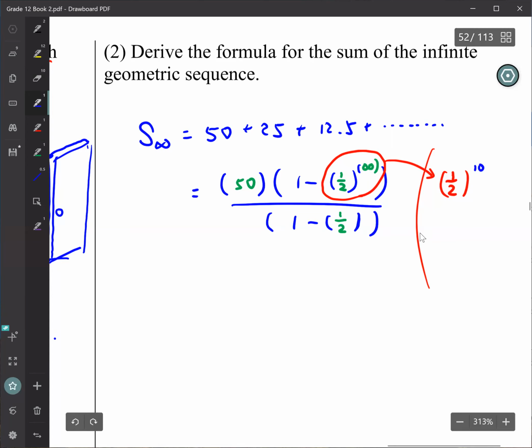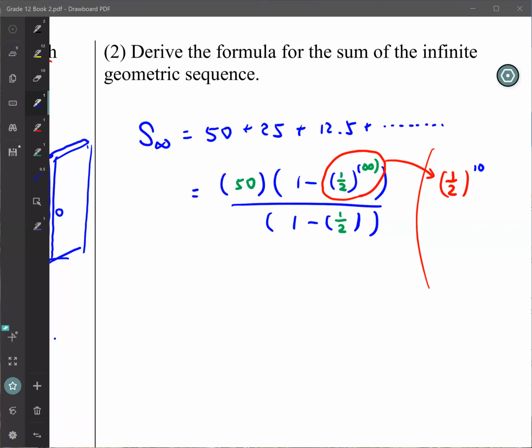Can you plug it into the calculator and tell me what you have? Raise your hand if you got that number. 1/2 to the 10. Donna, what do you have? Decimal or fraction? Both. Okay, fraction: 1/1024.